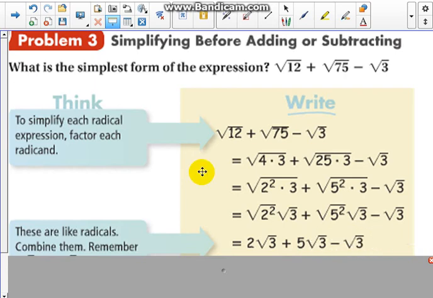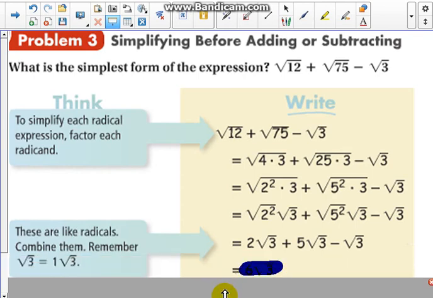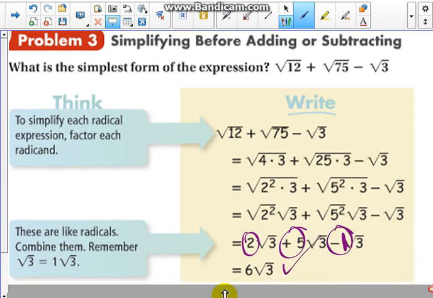So now we've got everything in like terms of square root of 3. So now we can just perform the math on that, and we get 2 plus 5 minus 1. Don't forget that this is like a 1. So 2 plus 5 is 7, minus 1 is 6, 6 radical 3. And that's our answer.